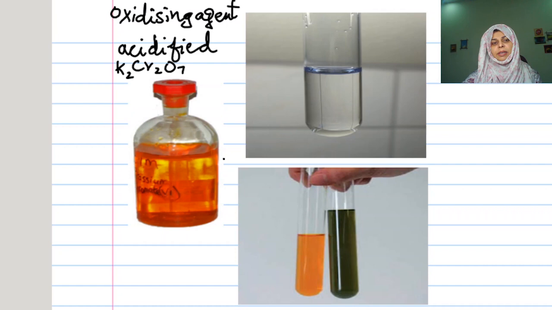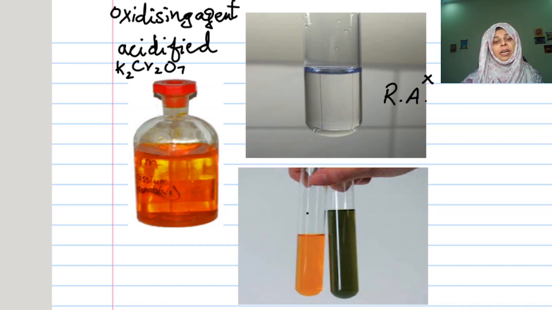If we use this acidified potassium dichromate to test for the reducing agent, and the orange color shows no change in this salt solution, then we will say that this salt solution does not contain a reducing agent.